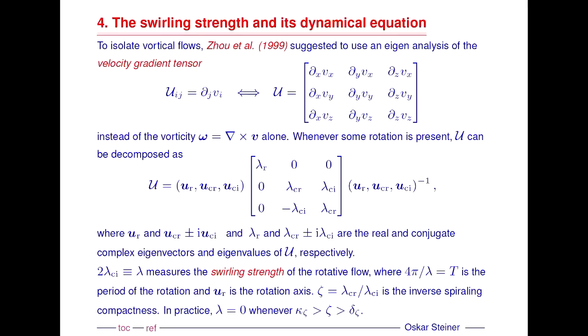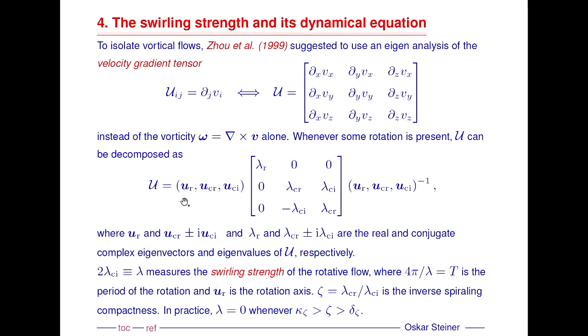Now, my simplistic view of the swirling strength is that it derives from an eigenanalysis of the Jacobian of the velocity field. And whenever the flow is a little bit curved, then we can decompose that into a matrix that consists of the real eigenvalue and two complex conjugated eigenvalues. And then you see that this submatrix here is a rotation matrix, and it indicates rotation in a plane perpendicular to the real eigenvector.